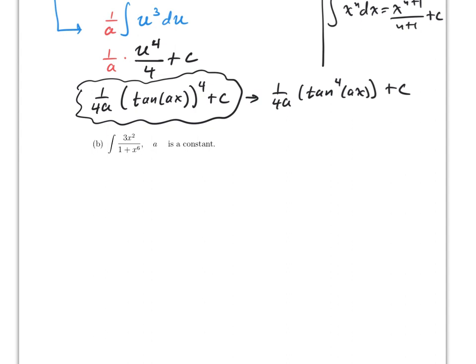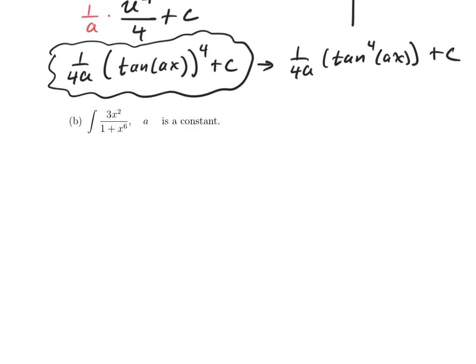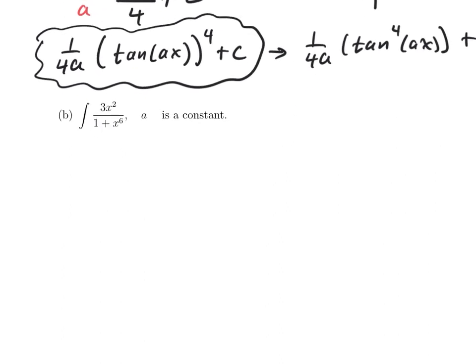Here, since we're using a substitution again, you technically only have 2 choices for the substitution. You could use, for example, u equals 1 plus x to the 6th, but notice that if you use this substitution, du will give you 6x to the 5th, but you don't have x to the 5th, you have x squared, so this is not going to work.